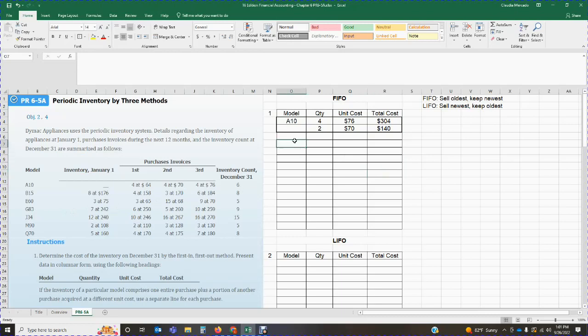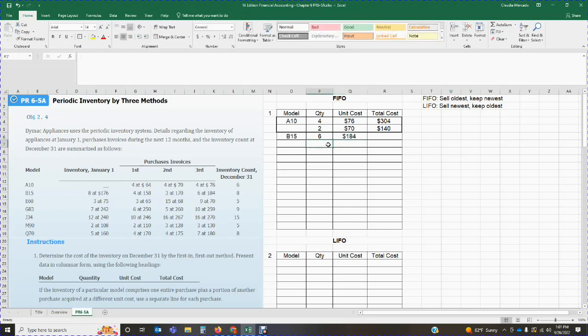Now we're going to do B15. For B15, it says we have 8 units remaining. Remember, we are keeping the newest units, so we are going to work backwards. I have 8 units, and I know they're my newest units. So I'm going to grab 6 from that third purchase at $184.